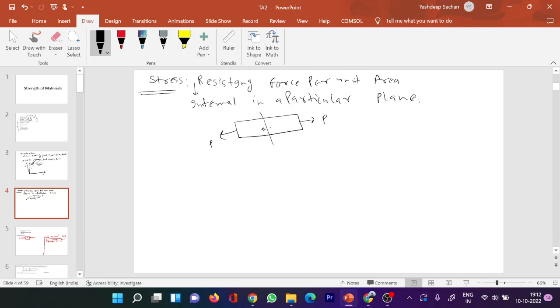The force has a tendency to increase its length, but the particles try not to extend. That resistance felt by the particles is stress, the internal resistance force. But we cannot measure it, because it is happening internally and we cannot put any device on that.